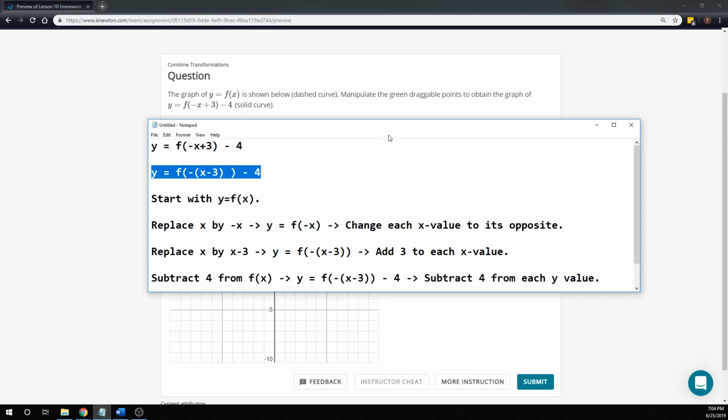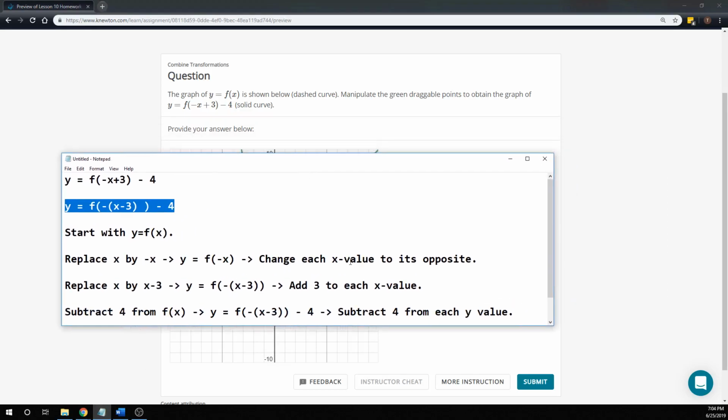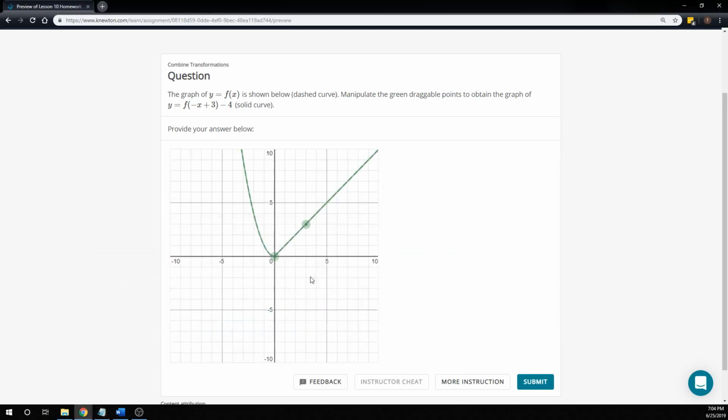Okay, and then going back to my list, the first thing I need to do is change each x value to its opposite. So that's the first transformation that we did. So here you can click on the point, and you can see that the x value here is 0. The opposite of 0 is 0, so that point kind of stays where it's at.